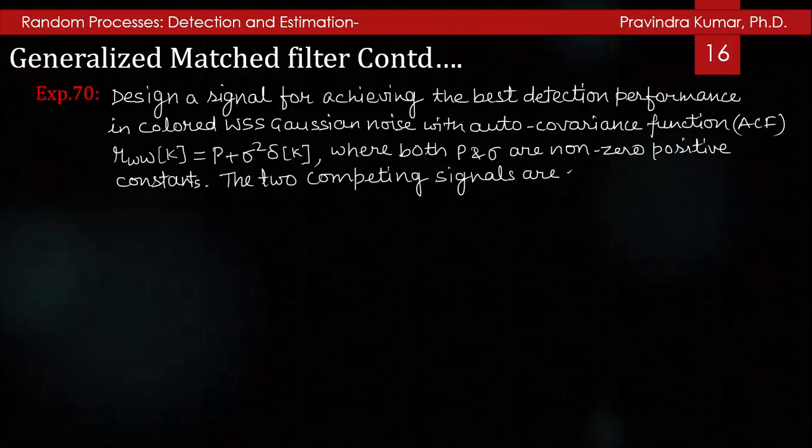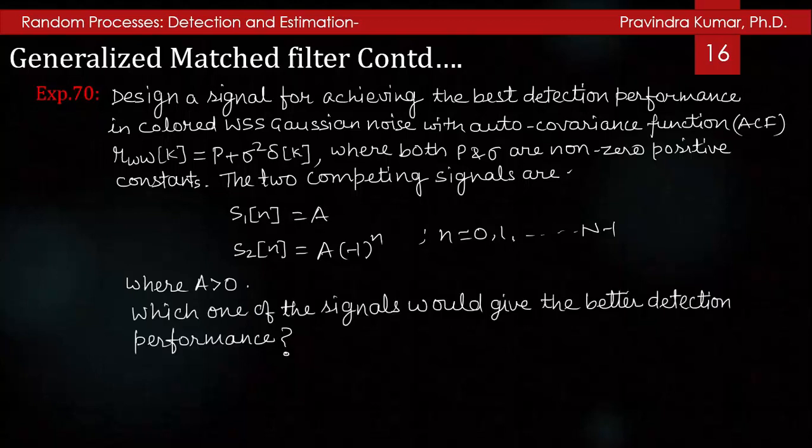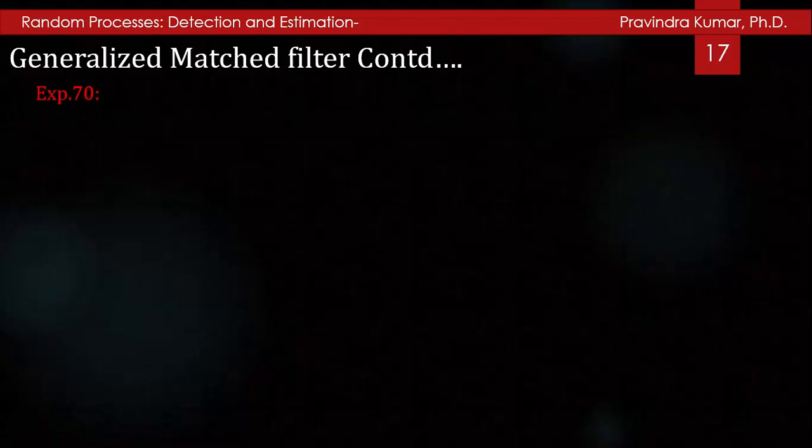The two competing signals are S1[n] equal to A and S2[n] equal to A times minus 1 to the power n, where n is from 0 to 1. This is the example which we discussed in the previous slide. Now you have A greater than 0.